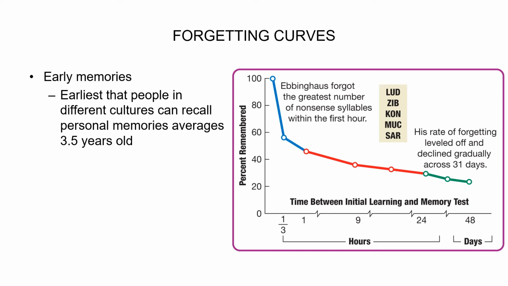Basically anything before about 3.5 years old, except very traumatic memories, tends to be forgotten. And in some people it's even about 4 or 5, where you've only got a few flashes before that. But about 3.5 is about the earliest memory most people have, again, unless you've got a traumatic event.